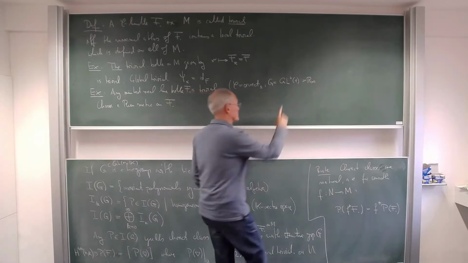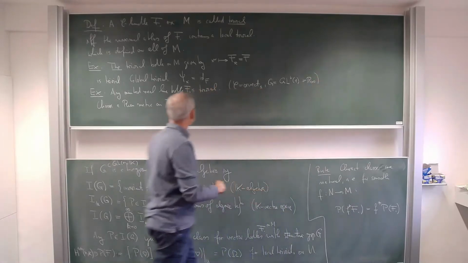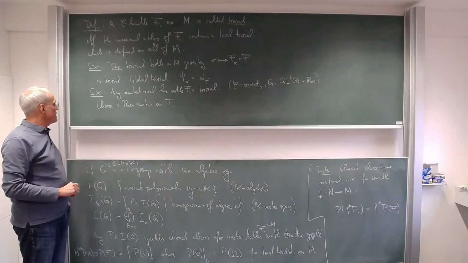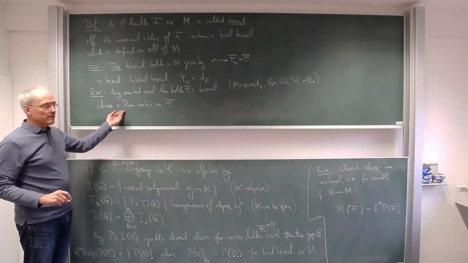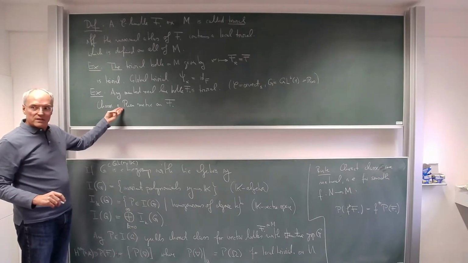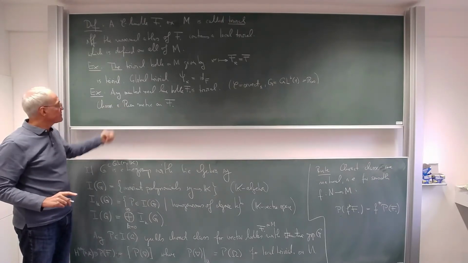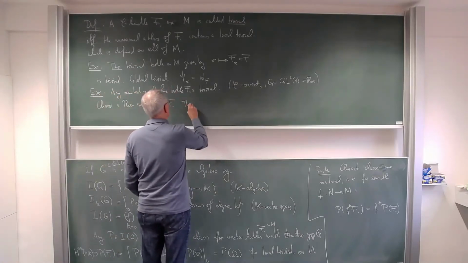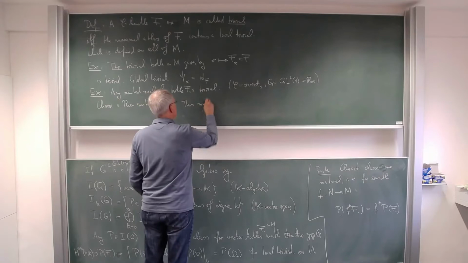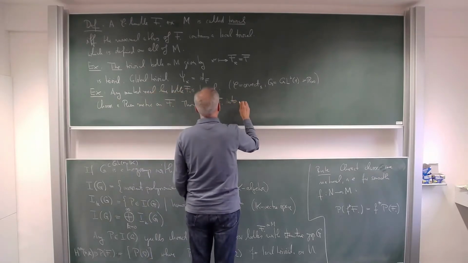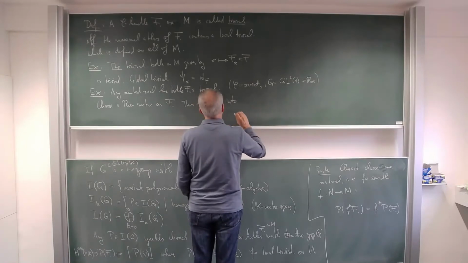So that's the structure group in this case. Now choose a Riemannian metric on F. Then once we have a Riemannian metric, our fibers are Euclidean vector spaces which are oriented. So this makes F into an oriented Riemannian line bundle.